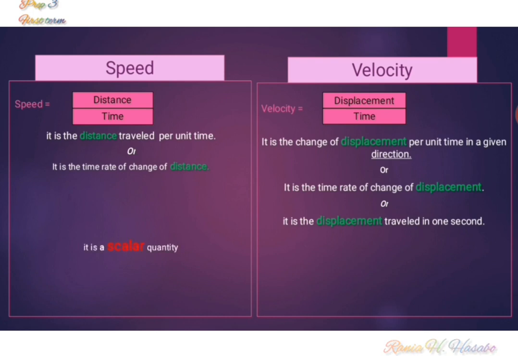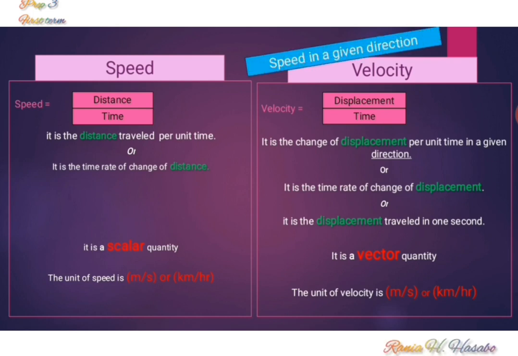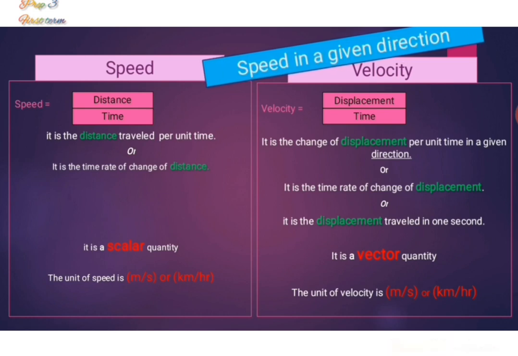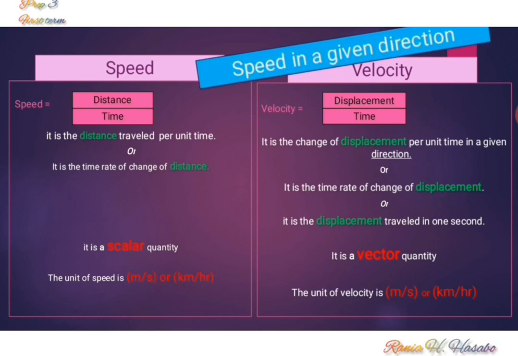In speed, no direction, so it is a scalar physical quantity has magnitude only, while velocity is a vector physical quantity has magnitude and direction. And both of them have the same unit, which is meter per second or kilometer per hour. Velocity is the speed in a given direction, as it is a vector has direction.